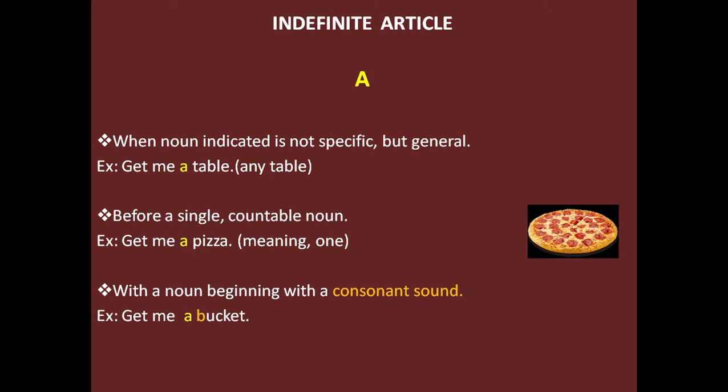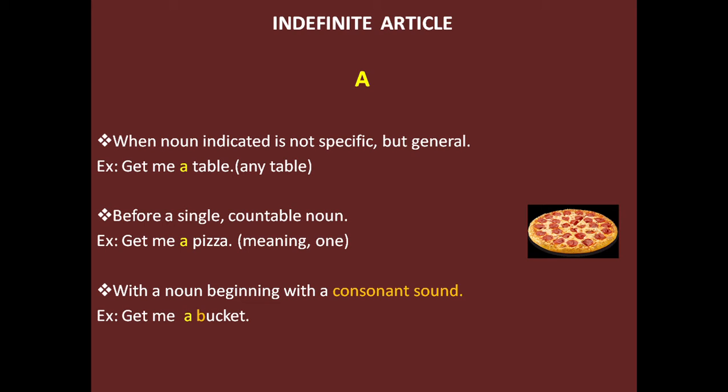Now when I say get me a table, I'm not very specific. Bring me any table that you can find there. It could be brown, red, green, doesn't matter. So I'm not very specific when I say get me a table. A is also used before countable nouns.